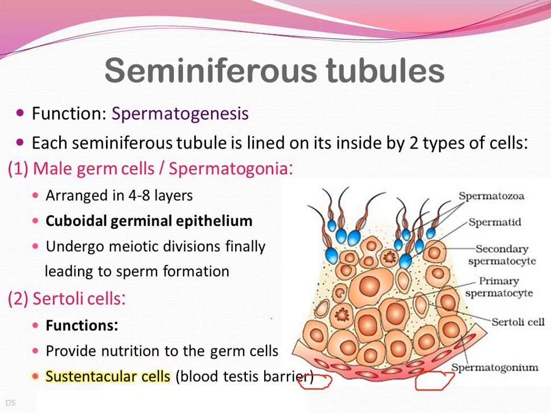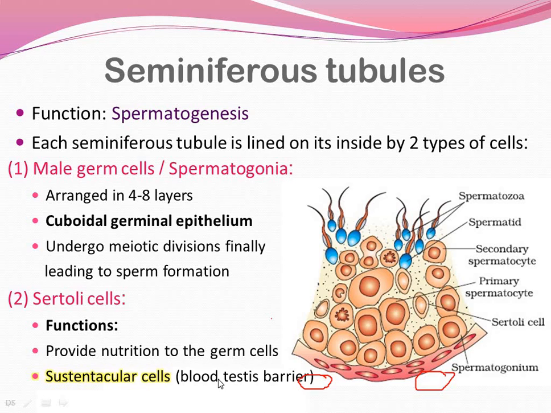They do not allow easy diffusion of water soluble molecules. The molecule has to cross the cell membrane, and because the cell membrane is selectively permeable, it will not allow easy entry of such toxins. That is what a blood brain barrier is.